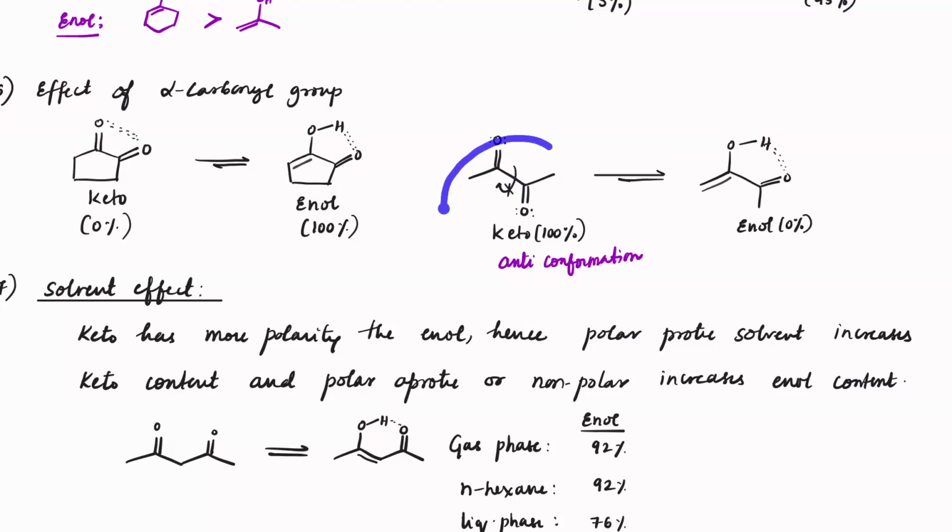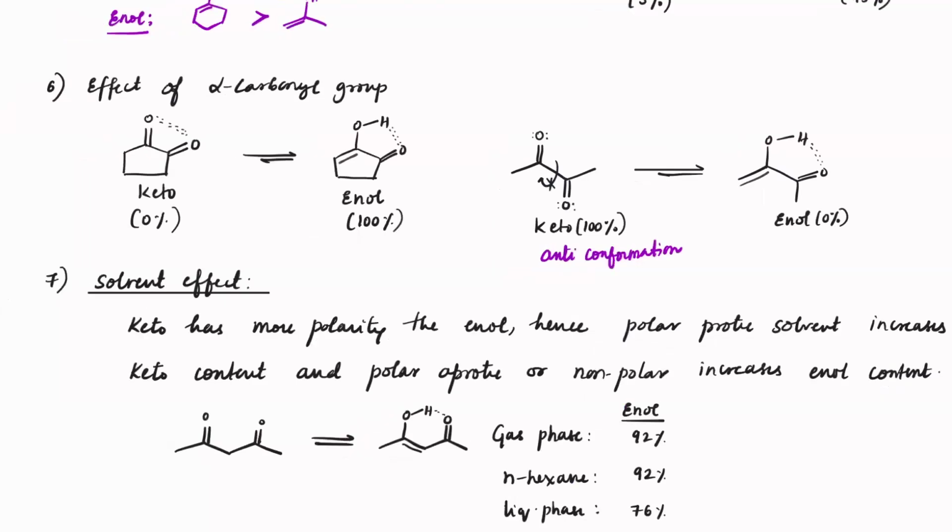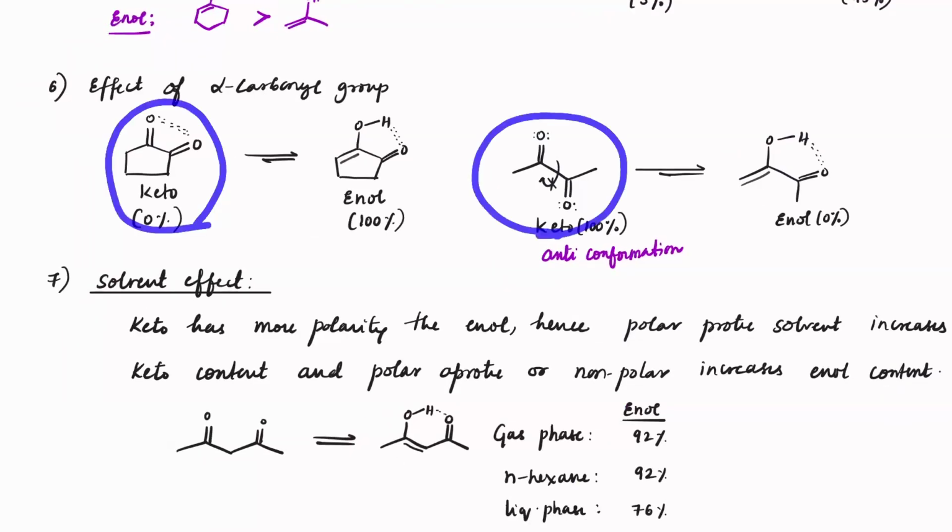It never gets to the eclipsed form. So if it does not come into the eclipsed form, we cannot have hydrogen bonding. That's the reason why it will always hold itself to the keto form. So both look exactly similar, but there is a slight difference here. The minute it gets cyclic, enol is 100%. The minute it is acyclic, then ketone is 100%.